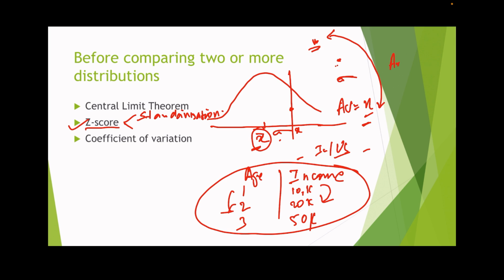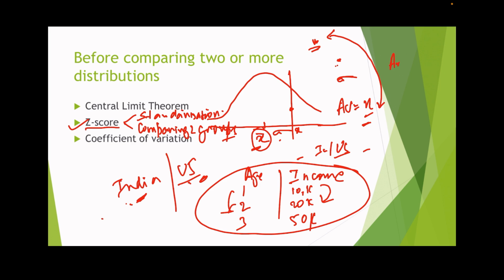One of the other uses of z-score is comparing two groups. For example, India and US. If I want to compare these two groups, then I know that this group is very different from this group.